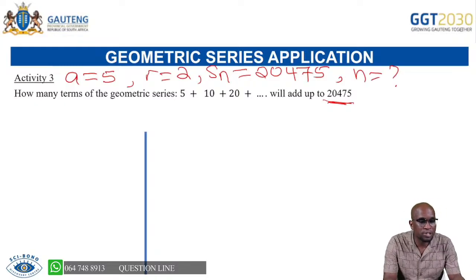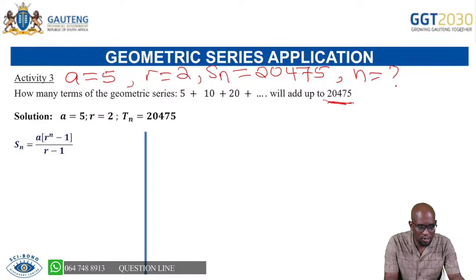So we will just substitute into the formula. There's the given info. We use the r to the n minus 1 over r minus 1 because r is greater than 1. And then we substitute the given info as is in the formula.